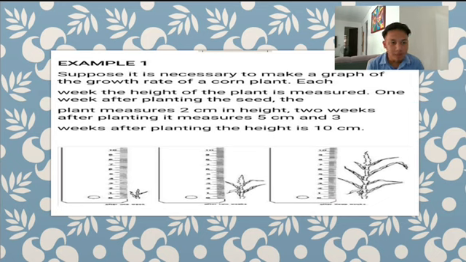After 1 week, the height is 2 centimeters. This is indicated on the graph with A. After 2 weeks, the height is 5 centimeters, B, and after 3 weeks, the height is 10 centimeters, C. And at planting time, D, the height was 0.